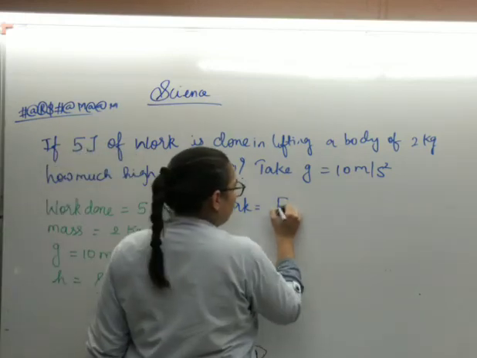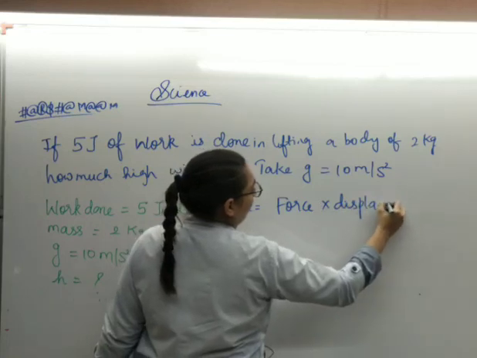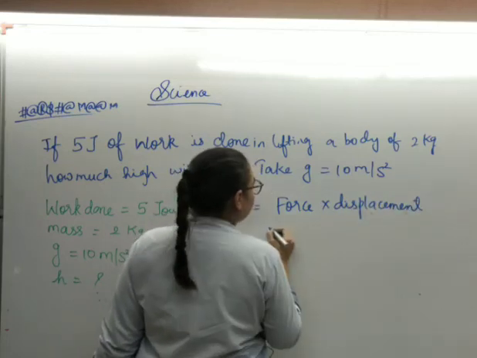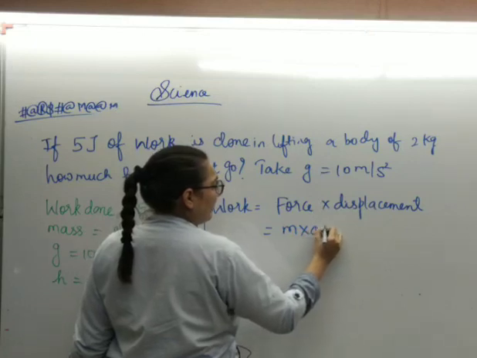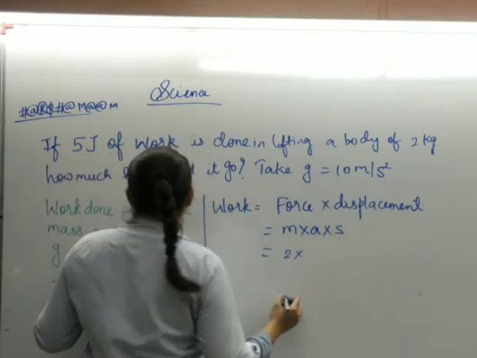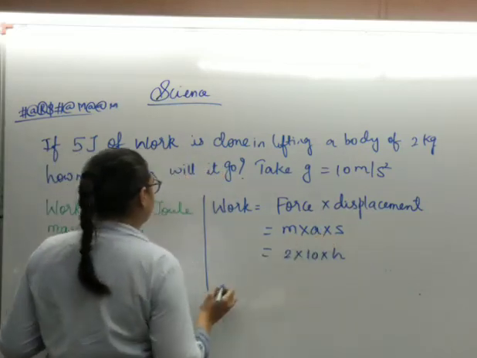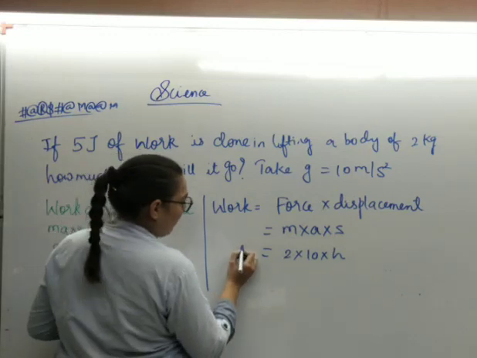Now work done is what? Work done is force into displacement. That is mass into acceleration into displacement. What is the value of mass? It's 2 kg. Gravitational acceleration, it's 10. Displacement, it is asked. Work done is 5.